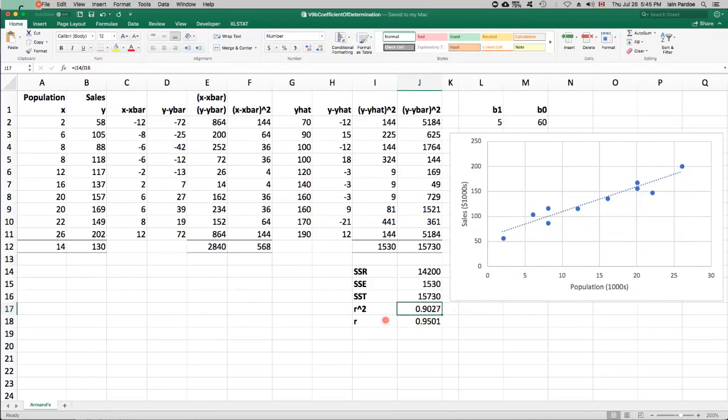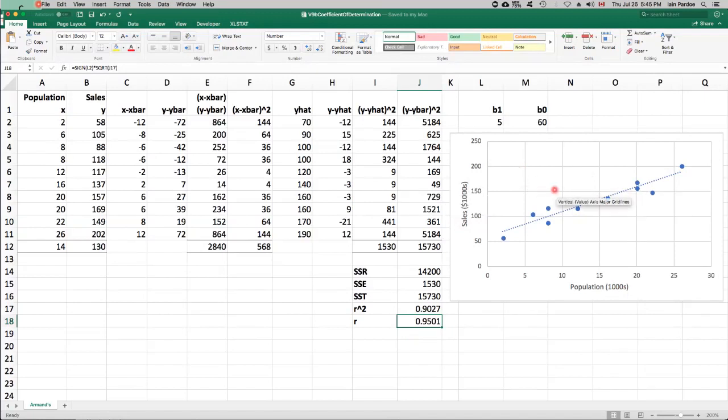We can also calculate the correlation between x and y using r squared. If we just take the square root of r squared, we clearly get r. But you have to be a little bit careful because sometimes a simple linear regression model can have a negative slope.